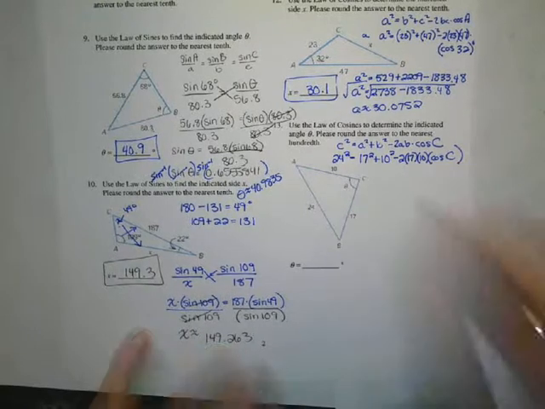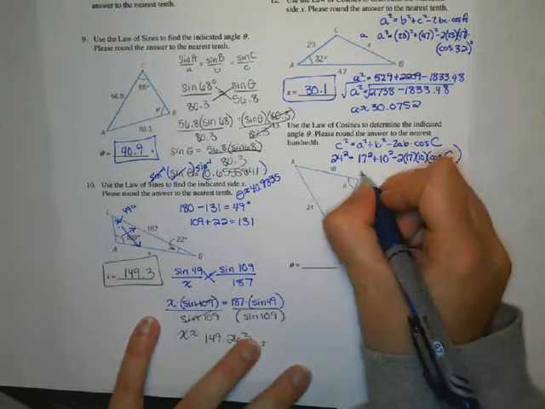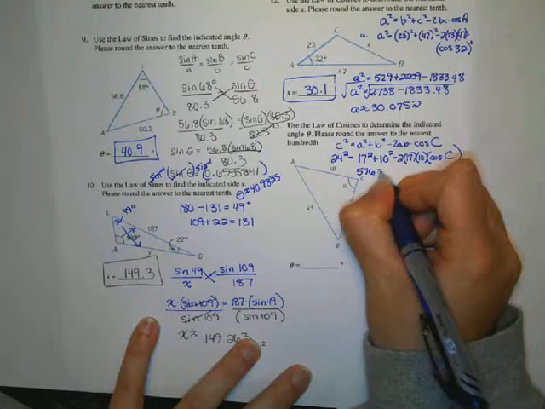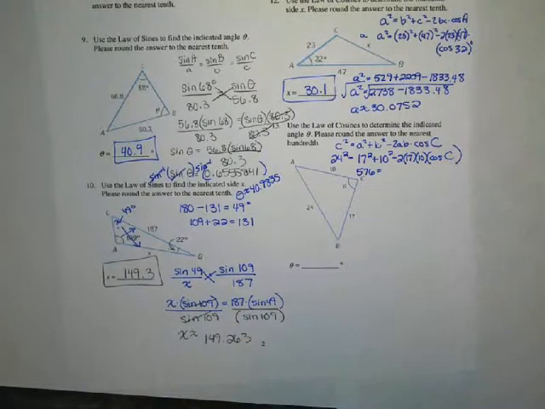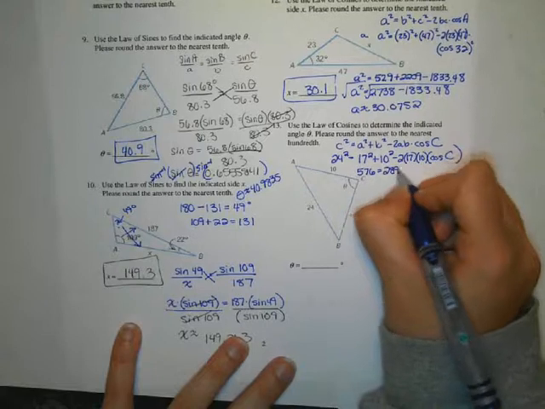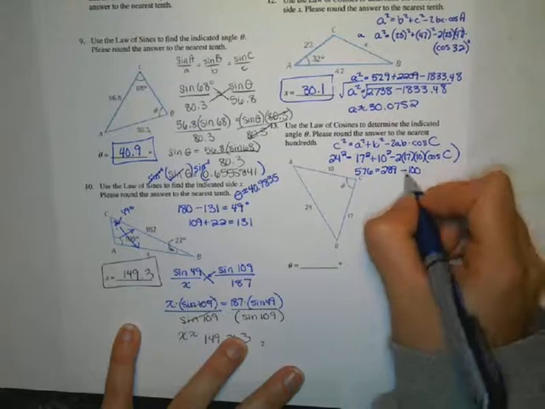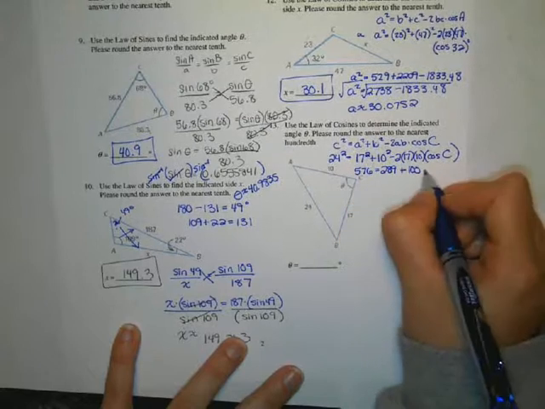Does anyone know? 24 squared. Anybody? I think I heard it, 576. So I should have 576 is equal to, what's 17 squared? Good. 289 plus 100 minus 2 times 17 times 10.